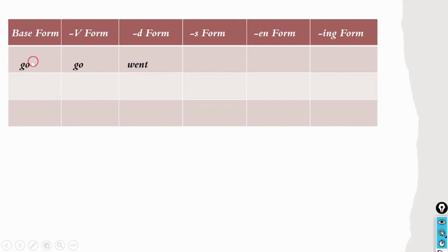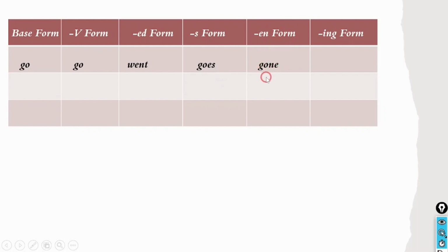But the actual verb is go. Now if we are talking of it in an ed form, it becomes like that. Then the S form now becomes goes. It is a habit. He goes to Kasama Day Secondary School. So it's something that happens regularly, or it's a fact. Then here the en form, meaning gone.